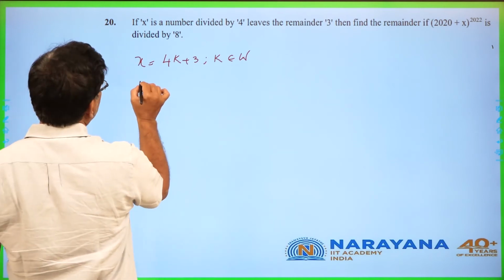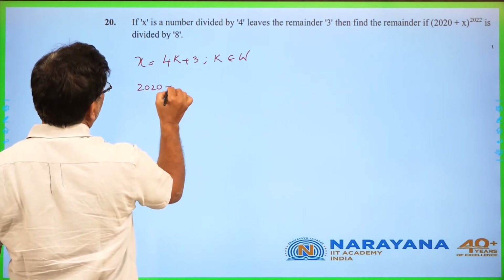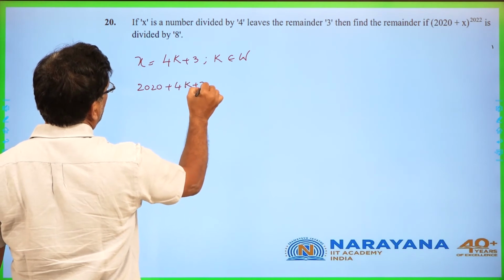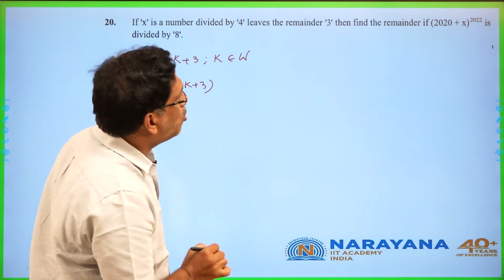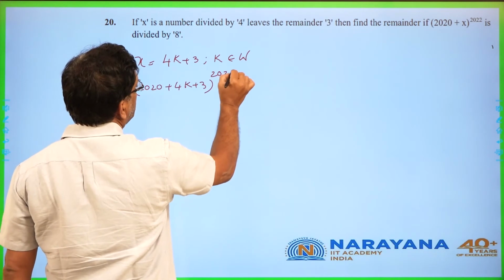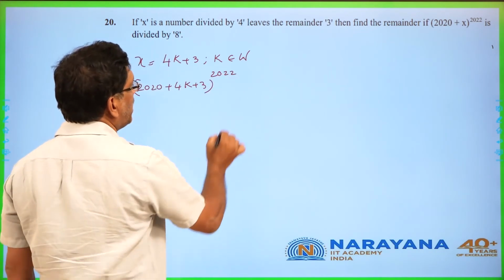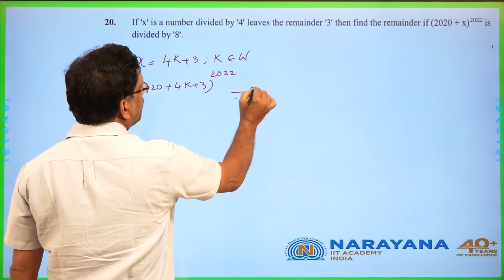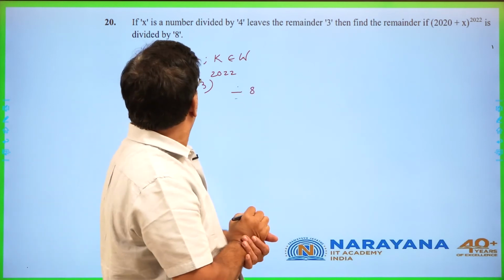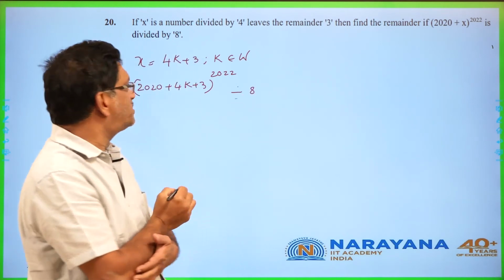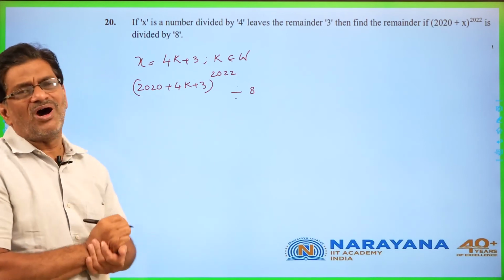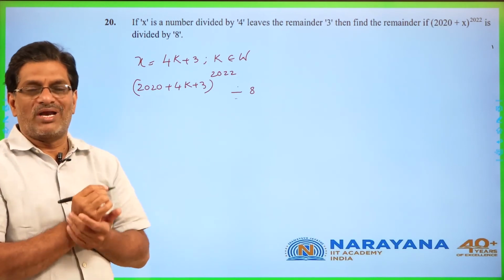So in such a case, (20 plus 4k plus 3) whole power 22, when it is divided by 8, he is asking what is the remainder.